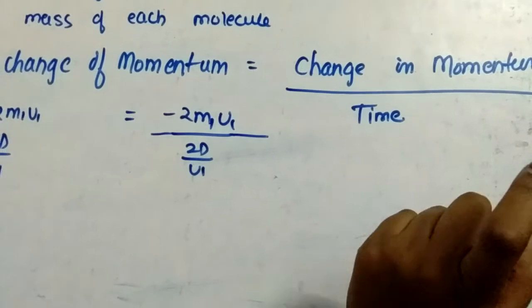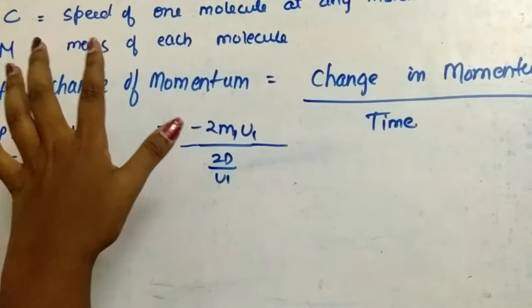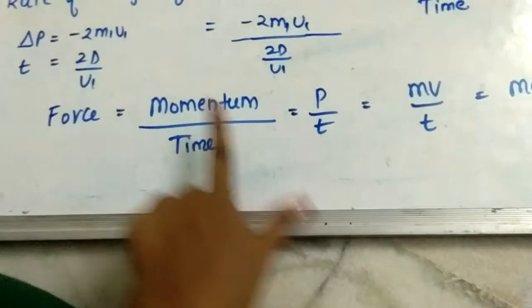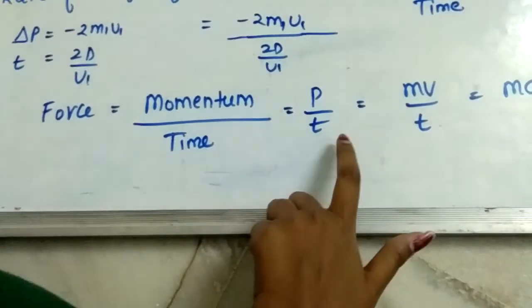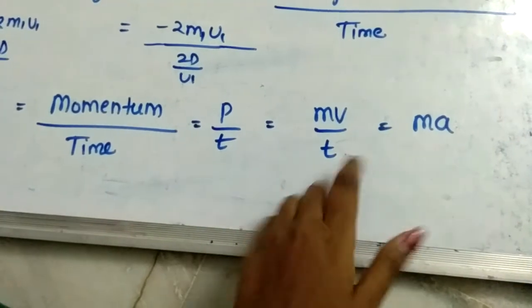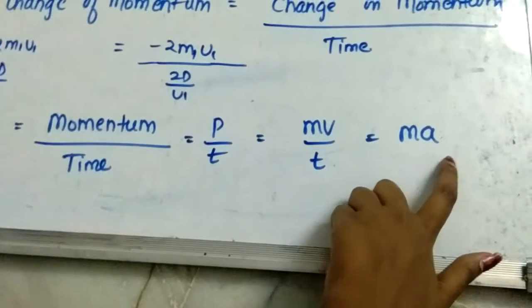Now let me explain how the rate of change of momentum will be equal to force. See guys, force is equal to momentum divided by time. Momentum is p and time is t. Momentum can be written as mv, so m into v by t equals ma. And ma equals force.